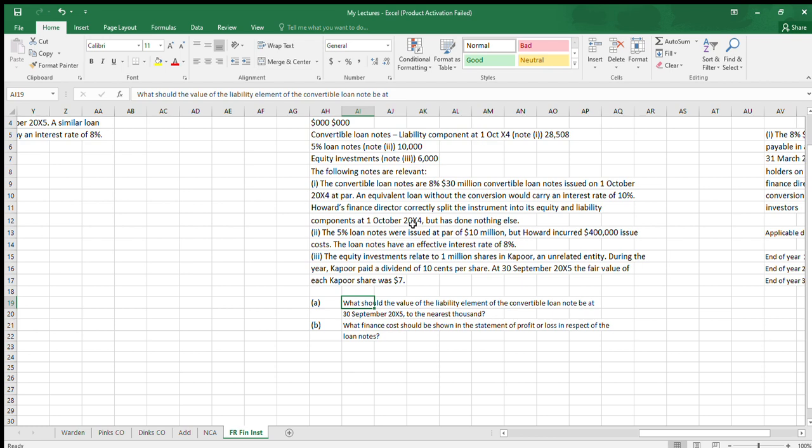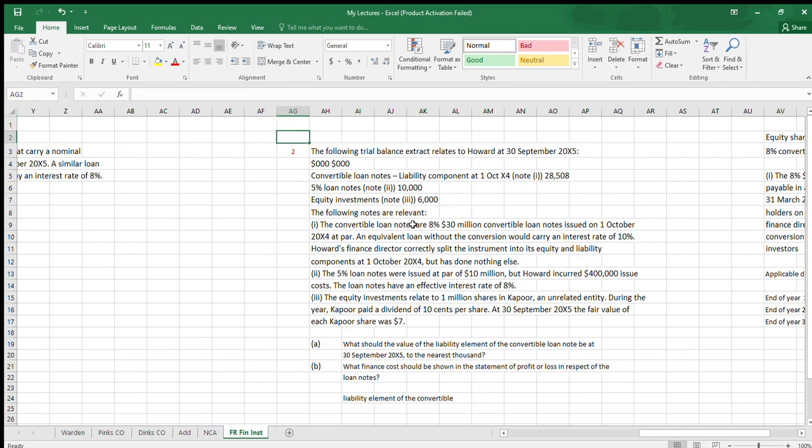So the liability element of the convertible, meaning that it should be held under amortized cost.